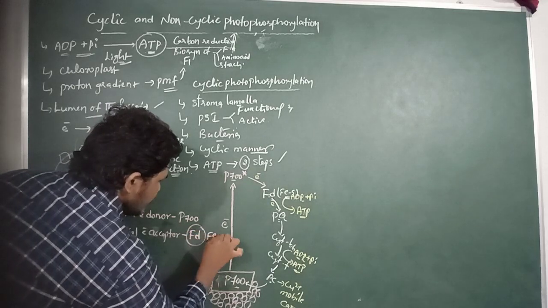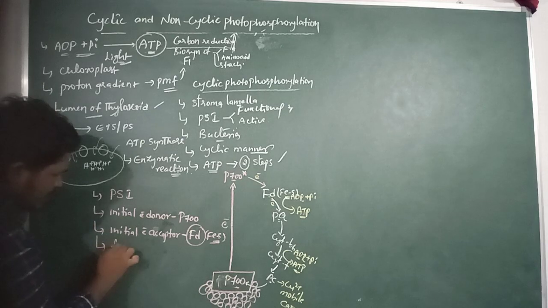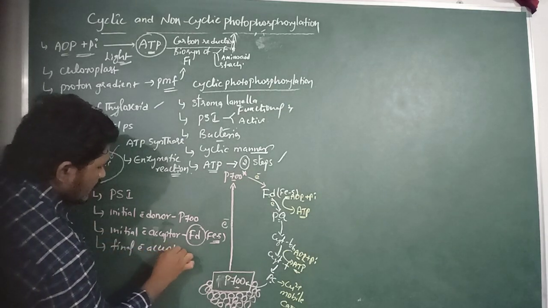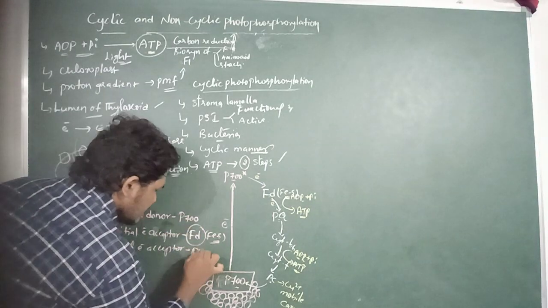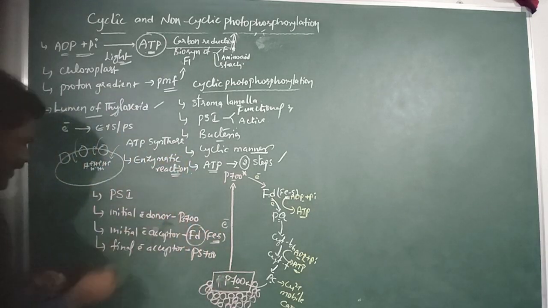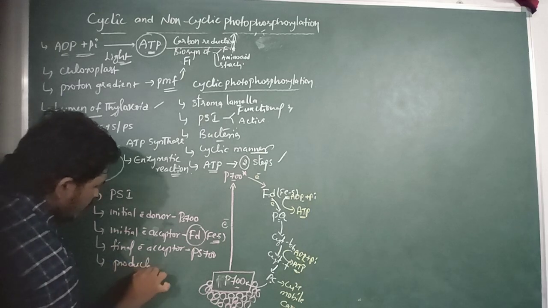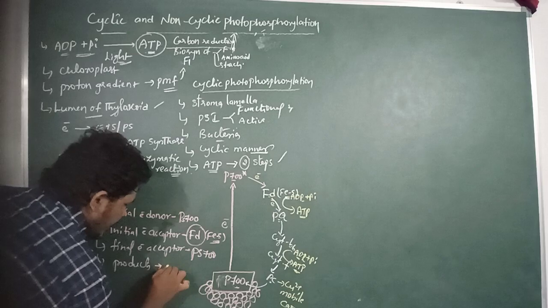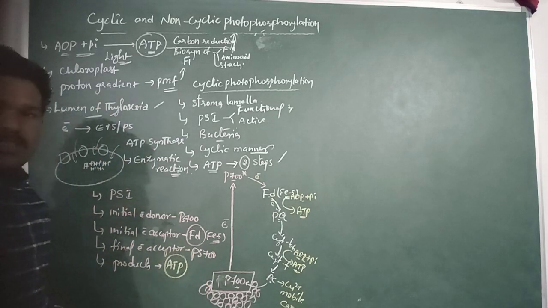And the final electron acceptor is P700, or photosystem 700. The only product in the cyclic photophosphorylation is the ATP molecule, but not the NADPH molecule.